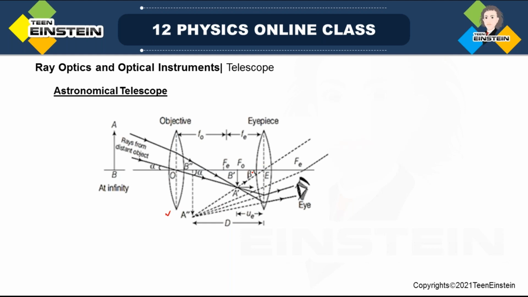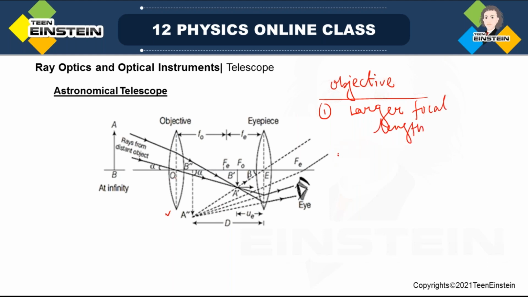Unfortunately in this figure it is not very clear, but you have to remember that the objective lens has, number one, a larger focal length, and second, a large aperture.